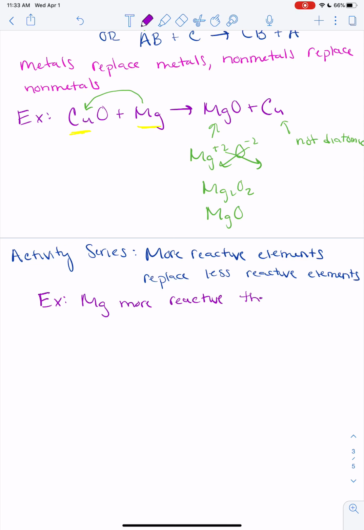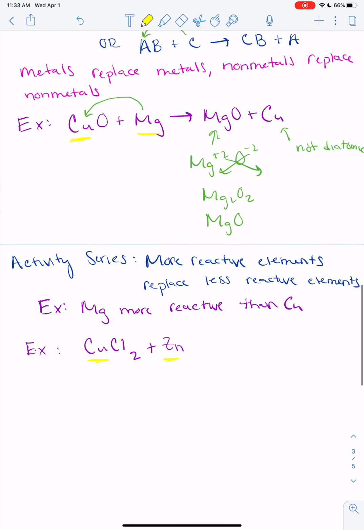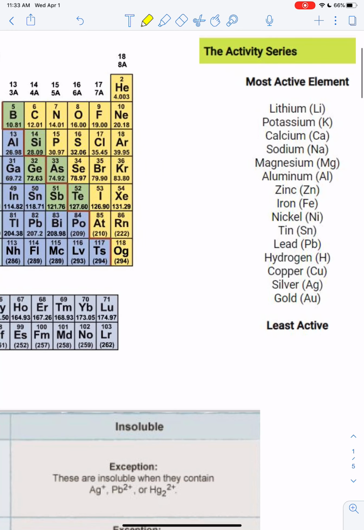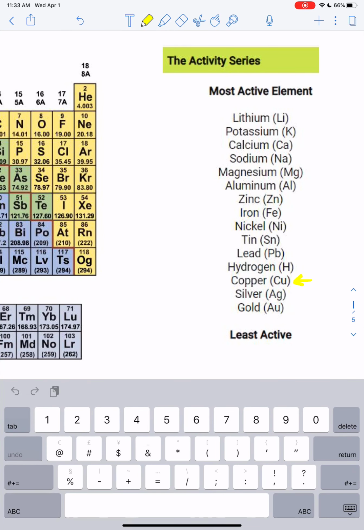But this is something that we would have to check. So let's say we have another example here: CuCl2 plus Zn. For this case, we have copper and zinc we would have to compare. So we go back to our activity series. We find copper and we find zinc, and we say, okay, zinc is higher than copper.